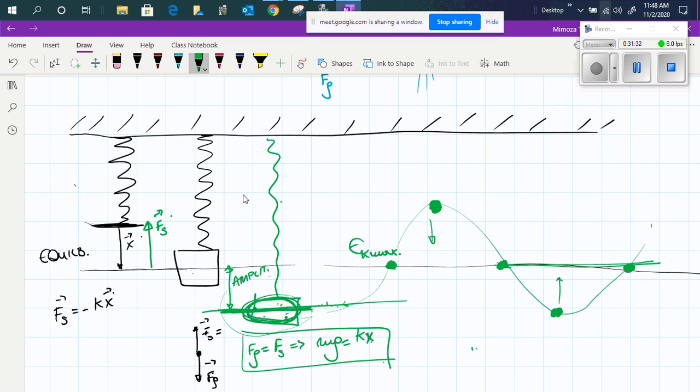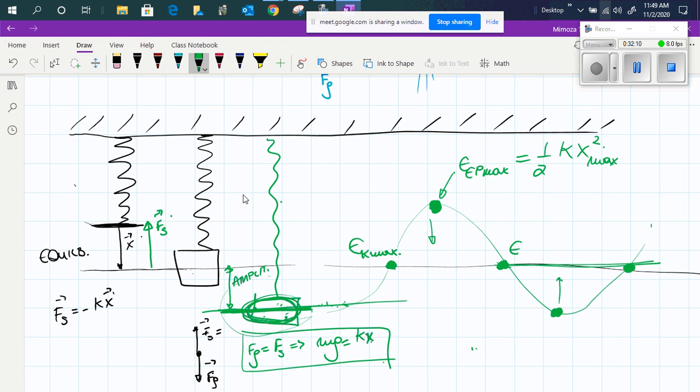And at the highest point or lowest point, we will have maximum elastic potential energy. The elastic potential energy is calculated as 1/2 kx squared. So it doesn't matter if x is positive or negative, because in both cases we are squaring it. Positive to the power of 2 is positive, negative to the power of 2 is also positive.